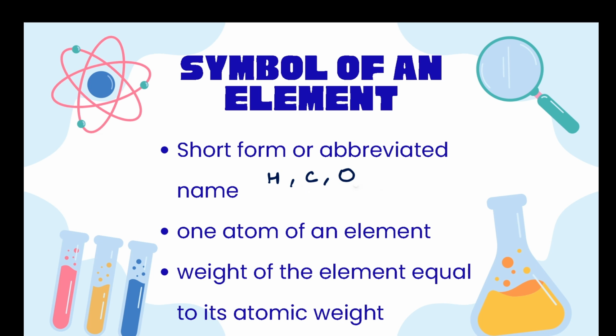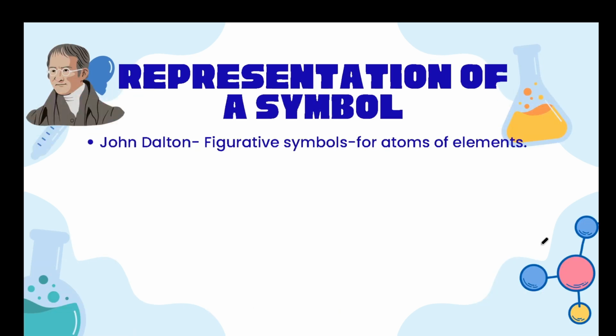And when we write them as a symbol, they also represent one atom of that element. That is, one atom of hydrogen, one atom of carbon and one atom of oxygen. It also represents the weight of the element, which is equal to its atomic weight.